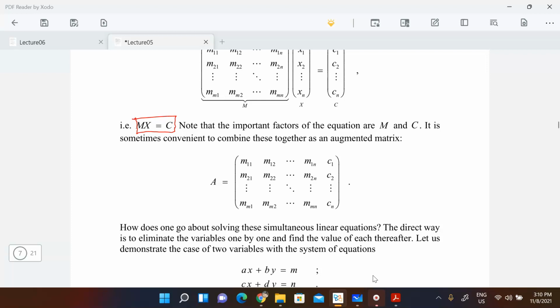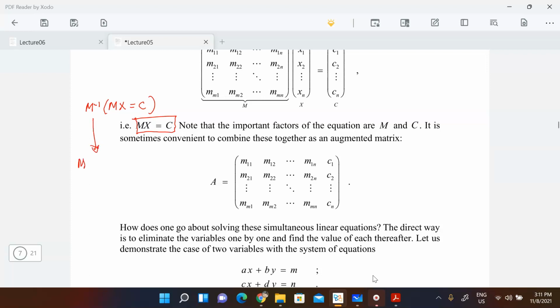And if you have done matrices before, the solution to this will be easy because I just need to find the inverse of M, denoted as M inverse. So you multiply both sides of MX equals C by M inverse.